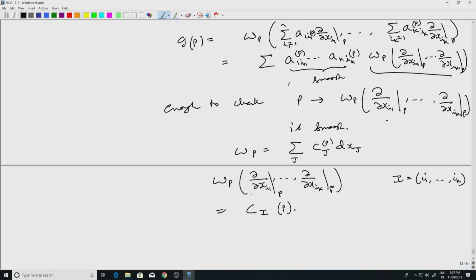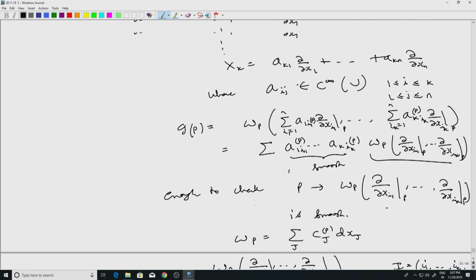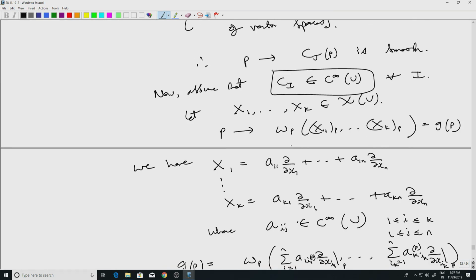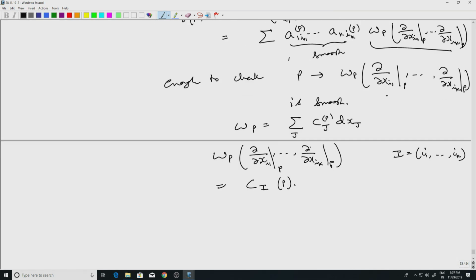So these are smooth. This is just CI of p, and by assumption we are given that CI are all smooth. Therefore, what we wanted to check is smooth, and one is done.